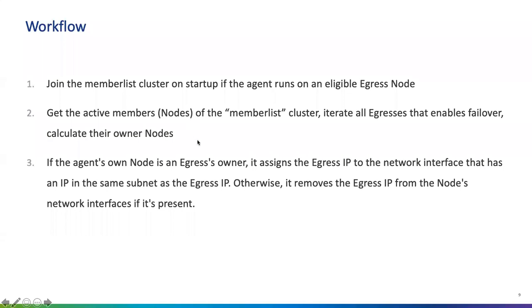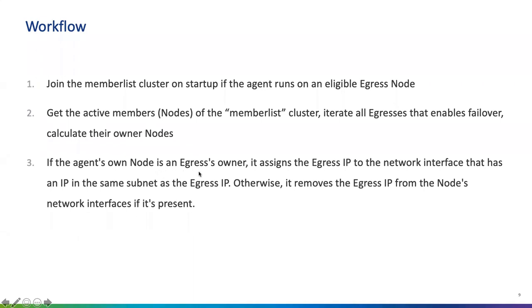And the basic workflow for the Antrea agent to handle the egresses that have failover policy set to auto is: the agent will first join the memberlist cluster on startup if the agent runs on an eligible egress node, and then it will get the active member list of the memberlist cluster, and it will iterate all egresses that enable failover and calculate their owner nodes, or we should say egress nodes.